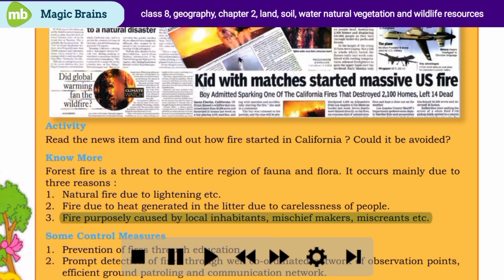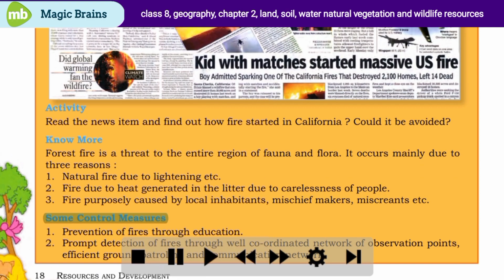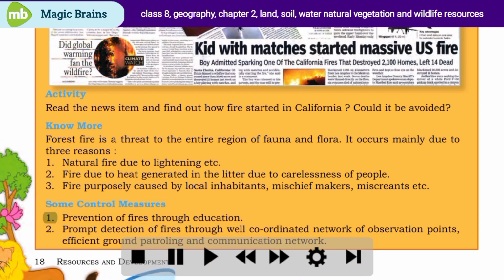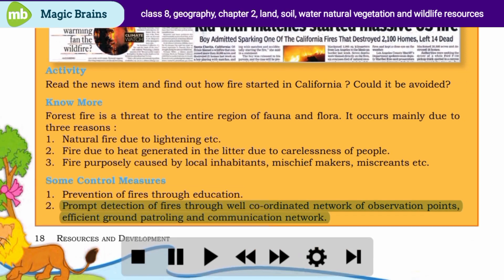Fire purposely caused by local inhabitants, mischief makers, miscreants, etc. Some control measures. Number 1. Prevention of fires through education. Number 2. Prompt detection of fires through a well-coordinated network of observation points, efficient ground patrolling and communication network.